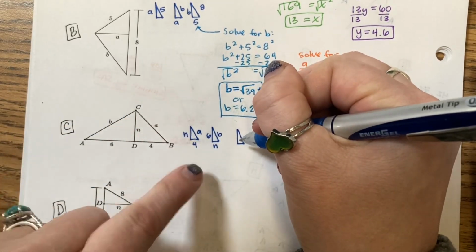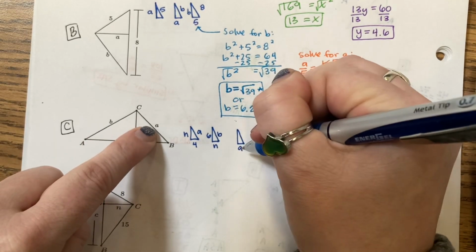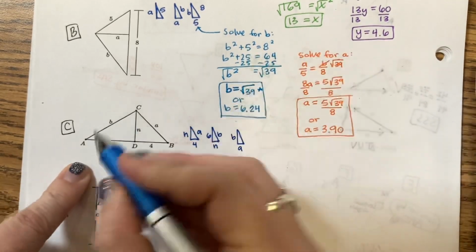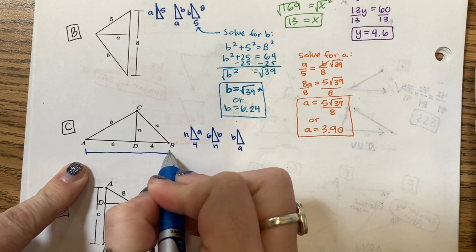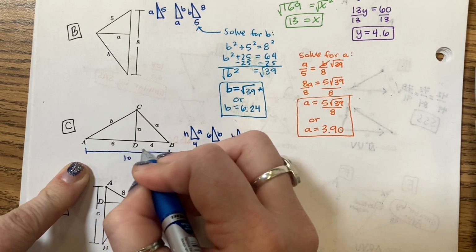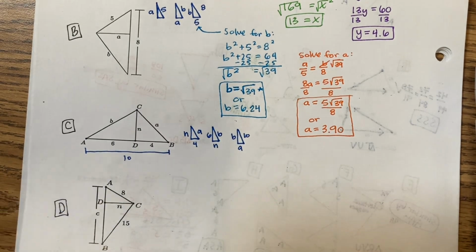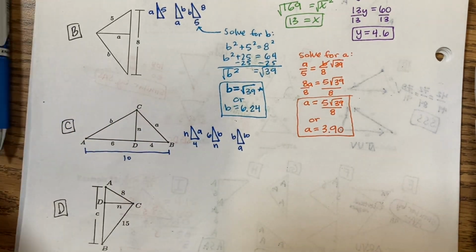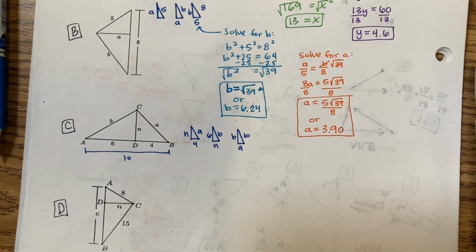The big triangle, A is the short leg, B is the long, and the hypotenuse would be 10. 6 plus 4 is 10. I can now try and solve.